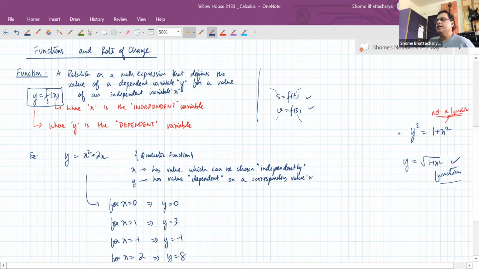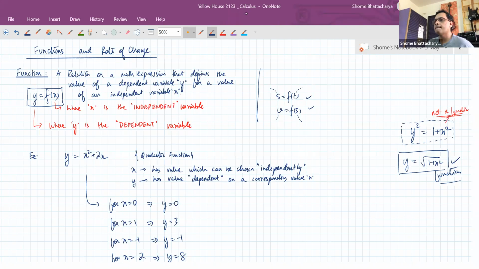Can anybody point out why this one is a function, whereas the first one here is not a function? Because in the first one, we can say that even x is dependent on y. Because if we give a certain value of y, then we can relate it with x. But in the second one, we can say that y is completely dependent on x and not vice versa.